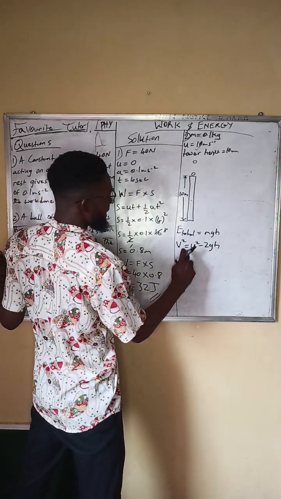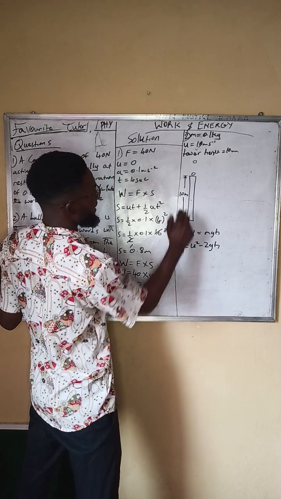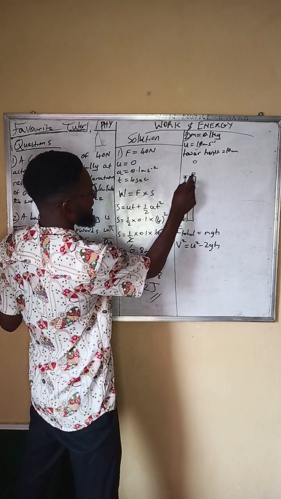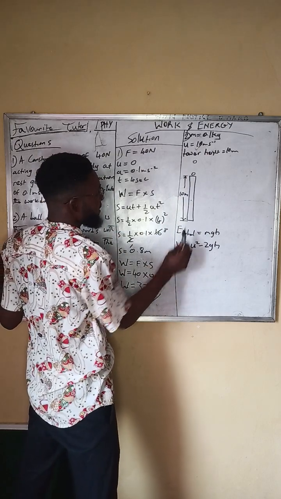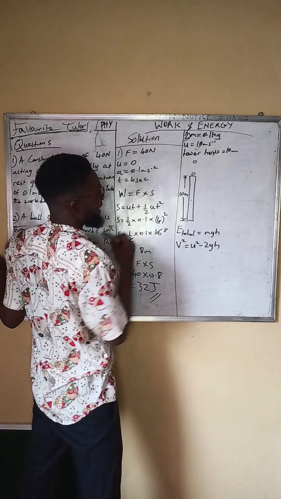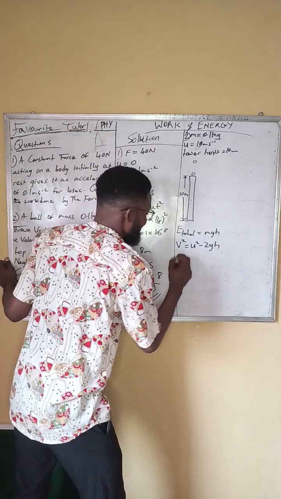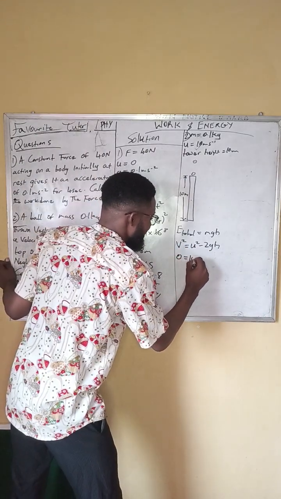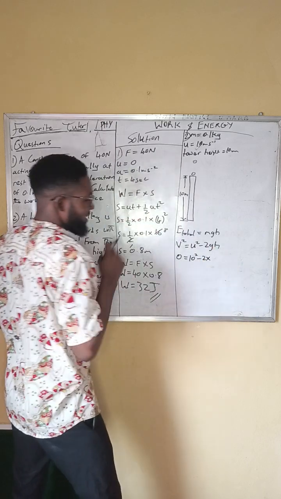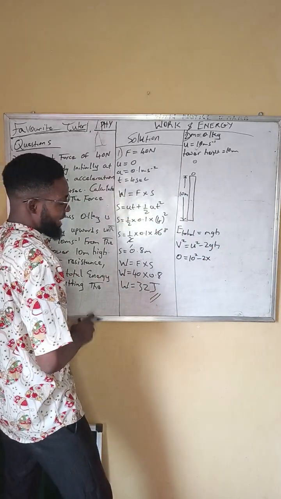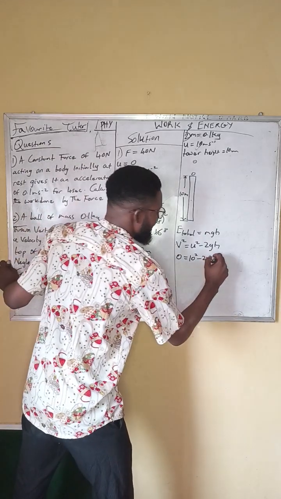The initial velocity u, the starting velocity, is 10 meters per second, and v, the velocity at maximum height, is 0. So 0 equals 10 raised to the power of 2 minus 2 times g times h. g is a constant value; we use 10 for g.